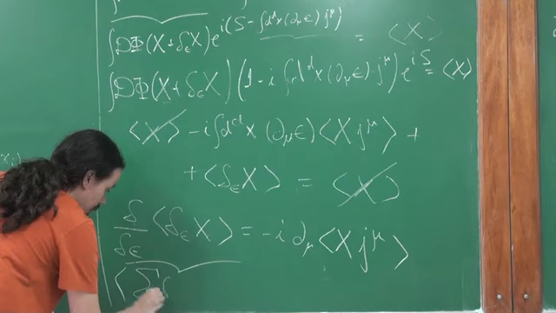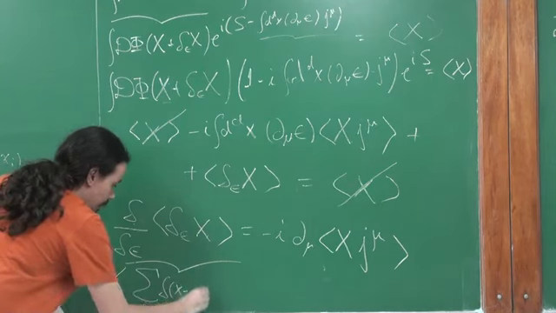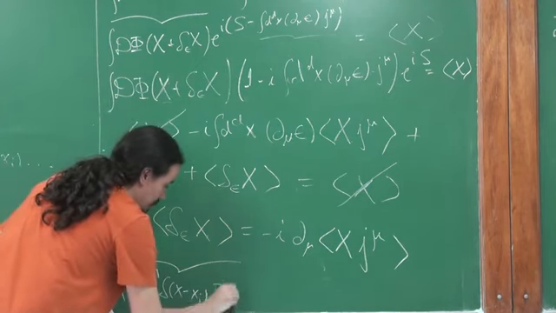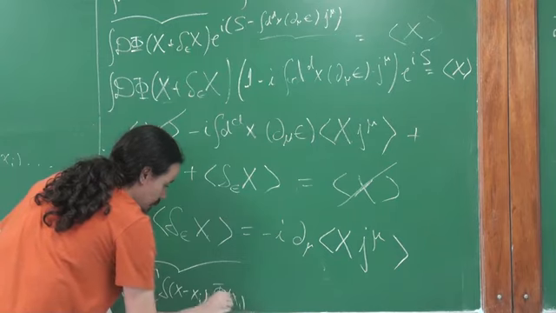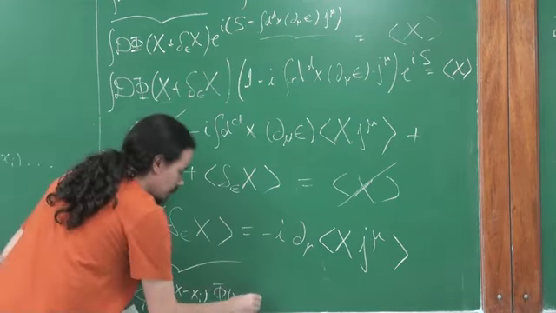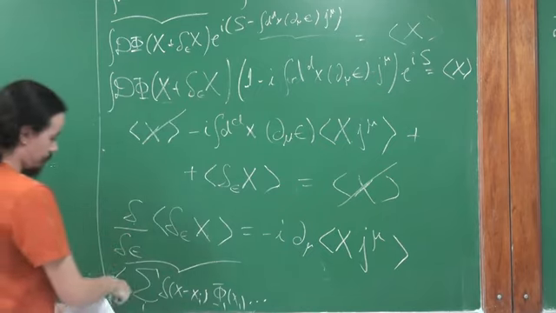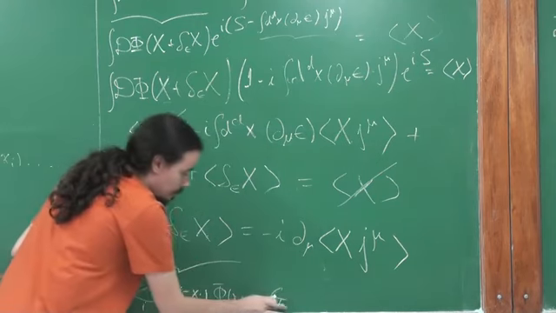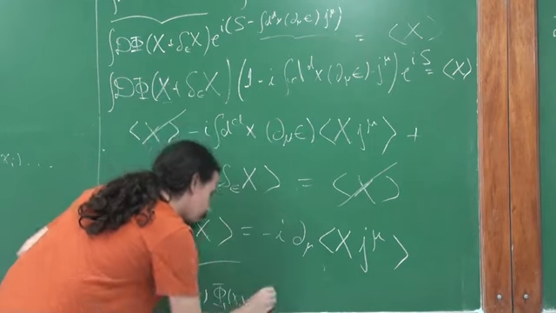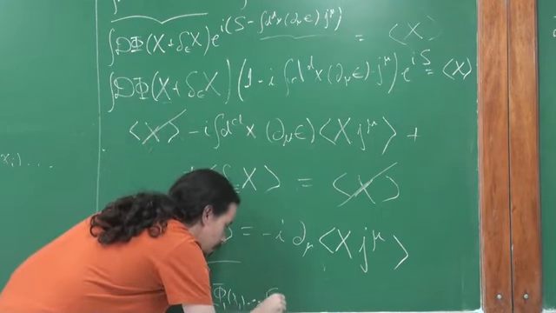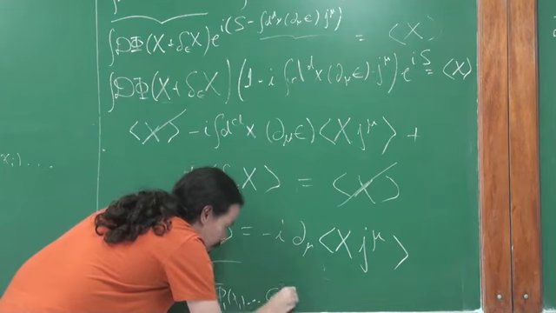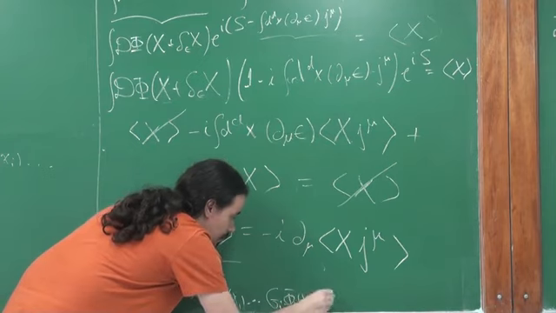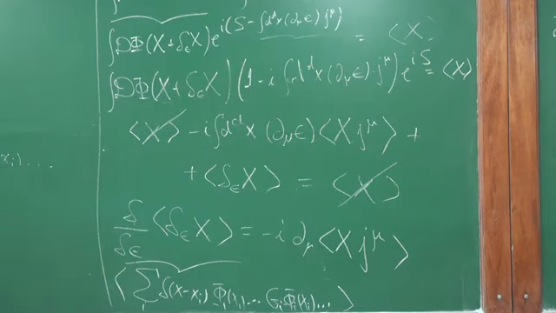Sum over I. There will be some delta functions over here, where the x_i is at the position of these operators. And we have here G, the generator of the symmetry. I, x_i, that's this correlation function.